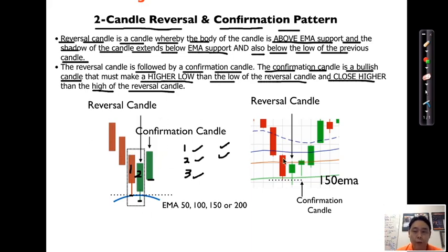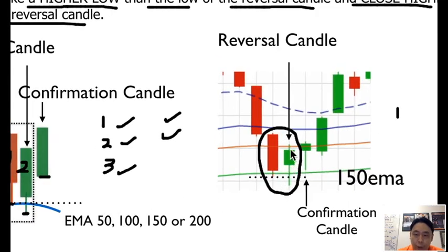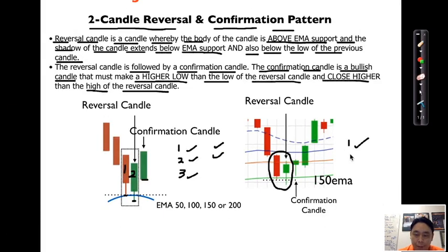All right. So over on the right, you see an actual candlestick on the chart showing this pattern. All right. So let's take a look. Now, is this a valid 2-candle reversal pattern? What are the 3 criteria? Criteria 1, the body of the reversal candle must be above the moving average. In this case, it's the green moving average, which is the 150. Check.